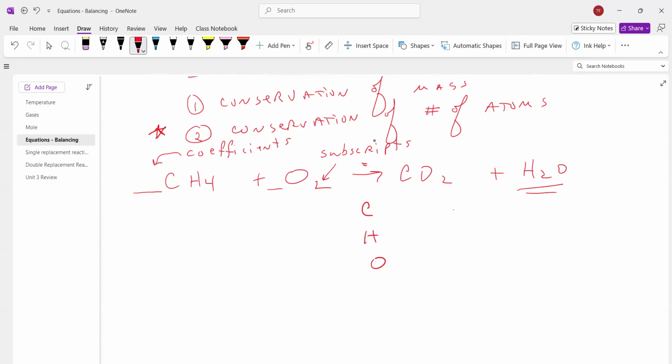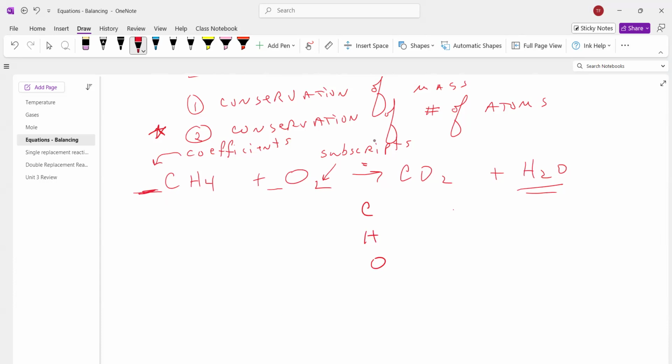Okay, now notice there are no numbers in front here. There are two kinds of numbers in a chemical reaction. There are coefficients, which are the numbers out front, and there are subscripts, the numbers below. The numbers below cannot be changed. No exceptions. The coefficients are how you do the inventory.